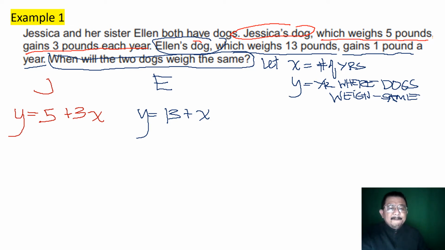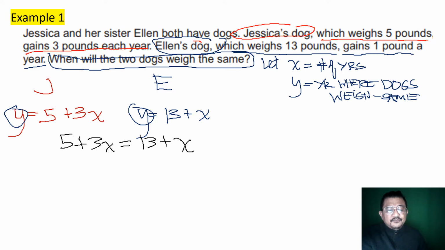All right. So actually you can graph them, but we don't have graph paper now. So what can we do? We could do substitution. So y and y are the same, therefore both of these expressions should be equal. The weights should be the same because that's our objective. All right? 5 plus 3x equals 13 plus x.